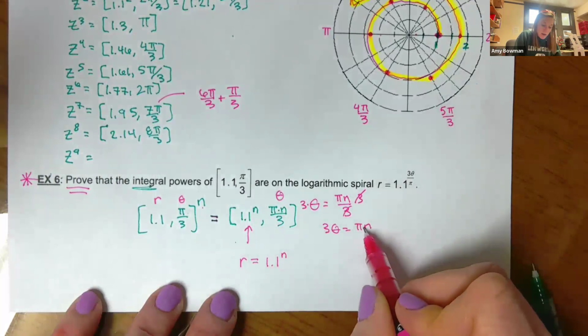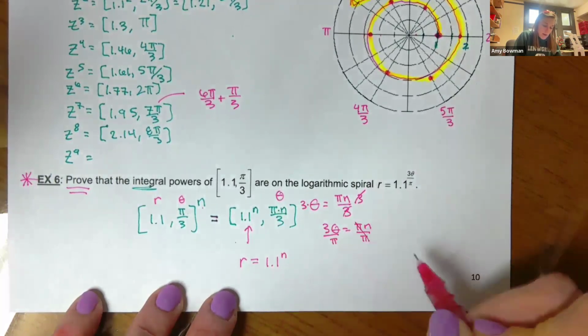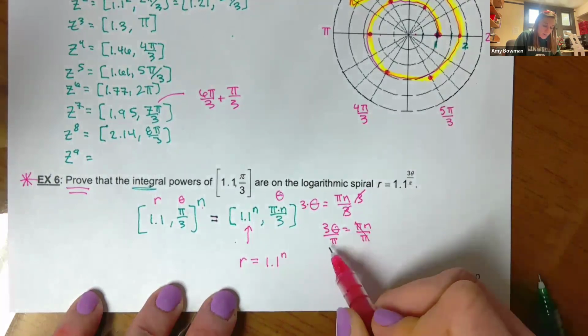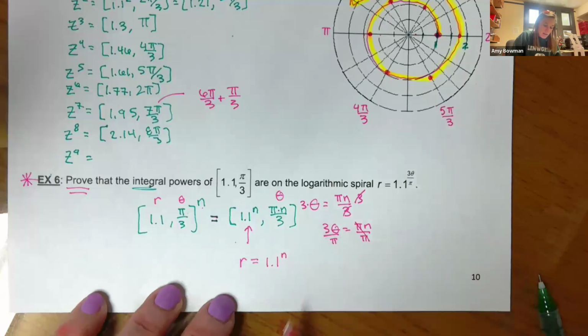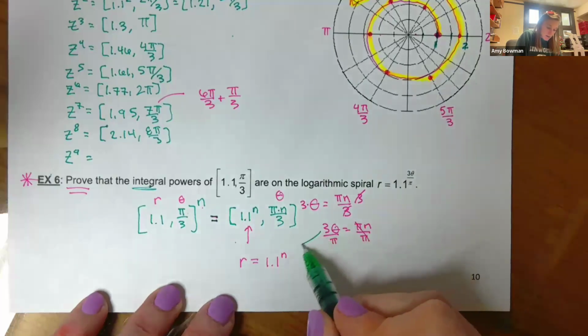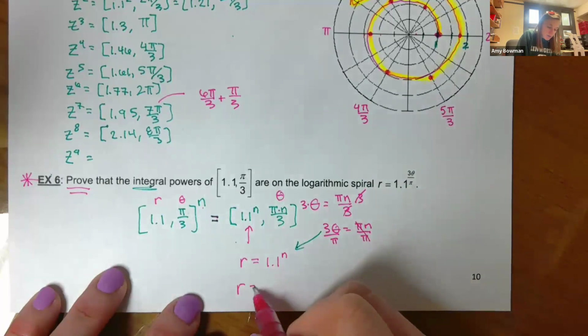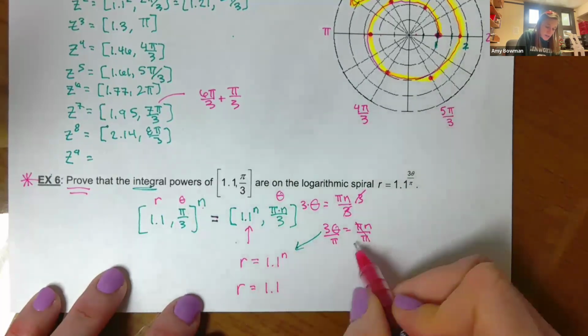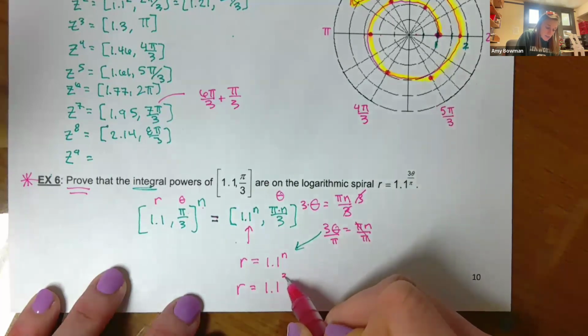And then just divide by pi to get n by itself. So now we have n equals 3 theta over pi. So now I can just replace that right here. And we have shown that R equals 1.1 raised to the n, which we solved for, and rewriting as 3 theta over pi.